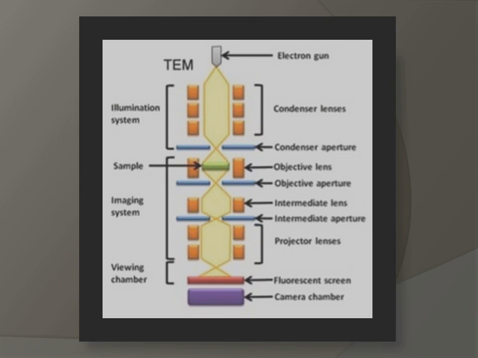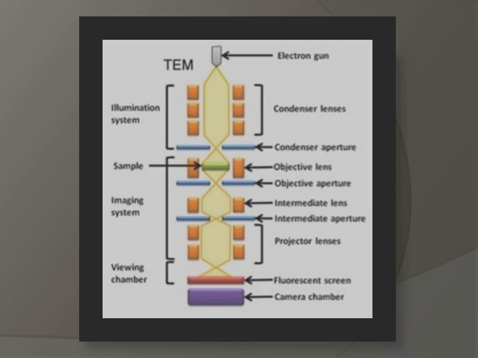This is the schematic representation of the transmission electron microscope, the instrumentation part, where you can see at the top the source is the electron gun. It releases electrons as a high energized source. The first system is the illumination system, where you have a set of condenser lenses, which condenses the electrons, known as the condenser aperture, where the electrons are condensed in a particular way.